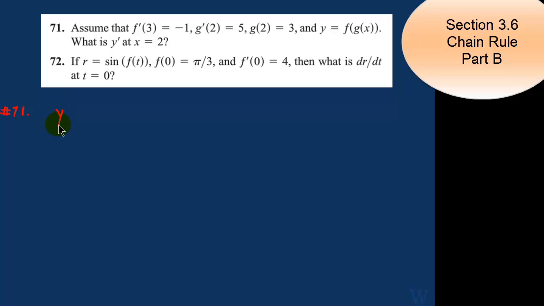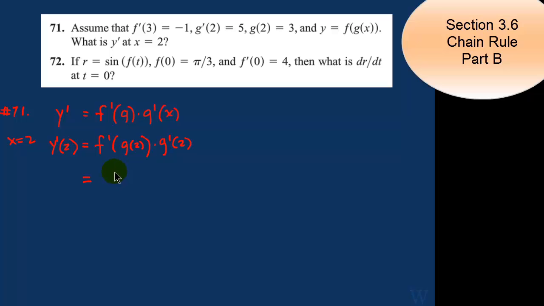So first of all, y prime is equal to f prime of g times g prime of x. And if we're evaluating at x equal to 2, y prime of 2, that's f prime of g of 2 times g prime of 2.